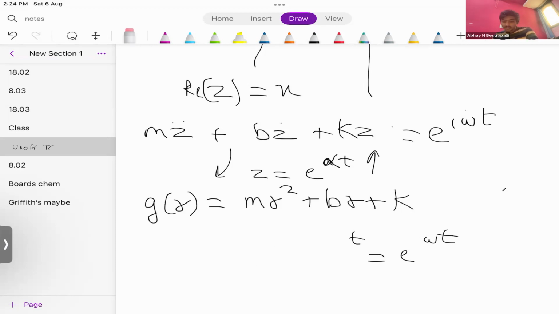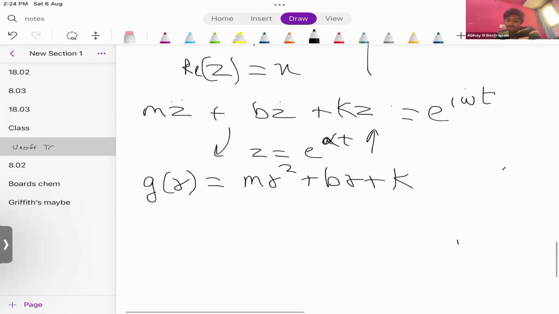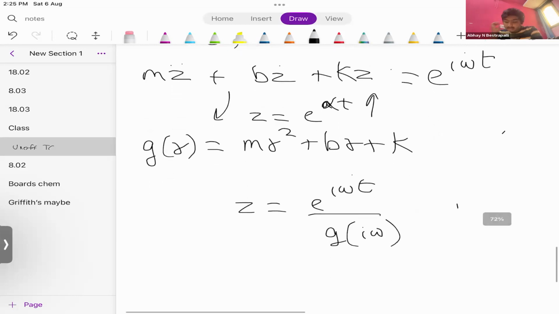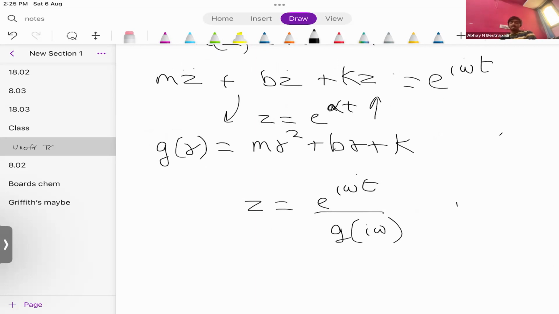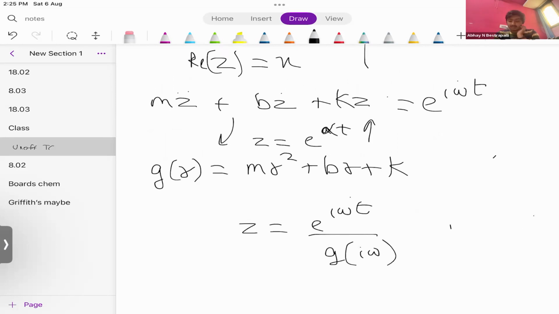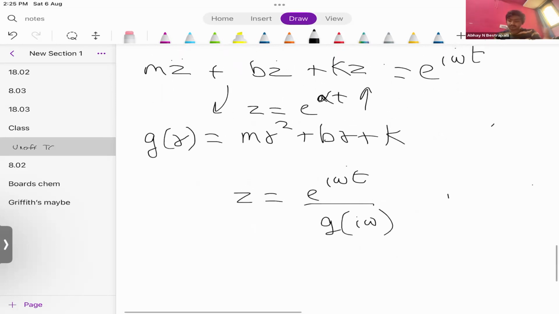You can try that out by yourself. It turns out the solution is z equals e to the i omega t divided by g of i omega. I'm sorry that I have to just tell you the solution, but you can check that it works: put it in here, differentiate once, differentiate twice, and substitute.